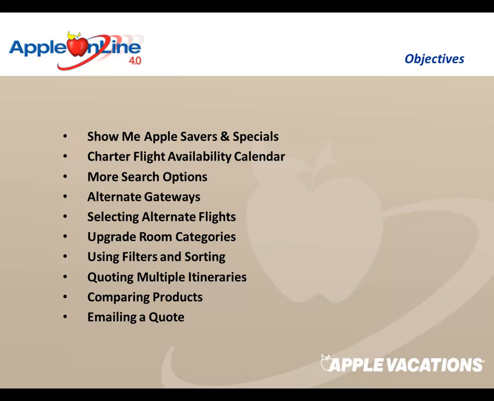Then we will talk about the charter flight availability calendar, using specific or more search options, and our alternate gateways feature. Next, we will take a look at selecting alternate flights and upgrading room categories. And later on, we will address our time-saving filters, multiple itineraries feature, comparing, and even emailing quotes. Well, that's a lot to cover, so let's jump in and look at our first function.